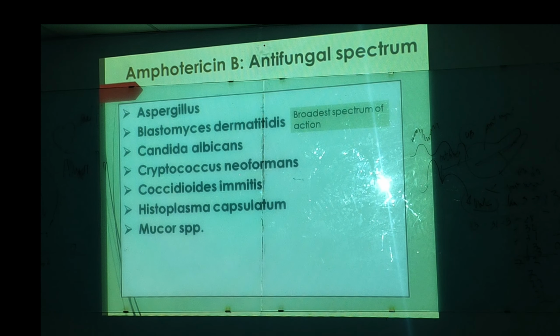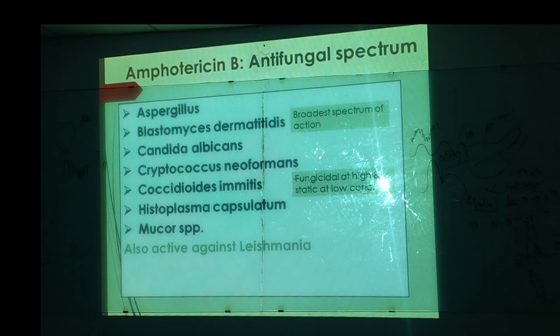For Blastomyces dermatitidis, amphotericin has the broadest spectrum of action. While for Coccidioides immitis, at high concentration it is fungicidal and fungistatic at low concentration. It is also effective against Leishmania.